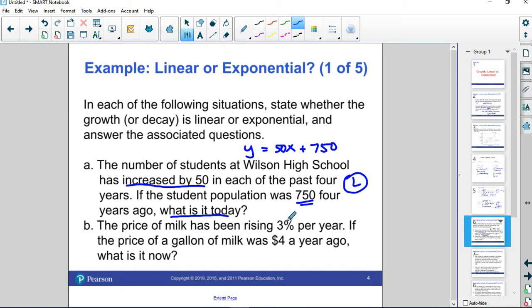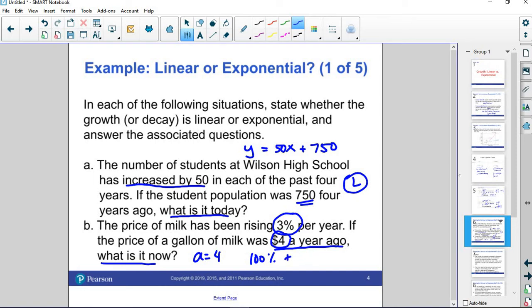The price of milk has been rising 3% per year. If the price was $4 a year ago, what is it now? Well, $4 is our starting point, so that's A is equal to $4. 3% is what we're going up by. However, remember that 100% is exactly how much you have. So if you multiply $4 times 100%, you have $4.